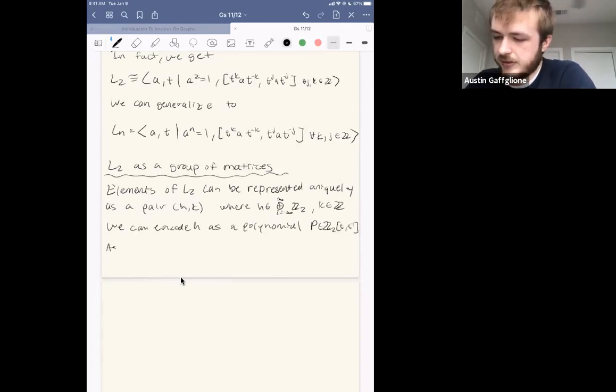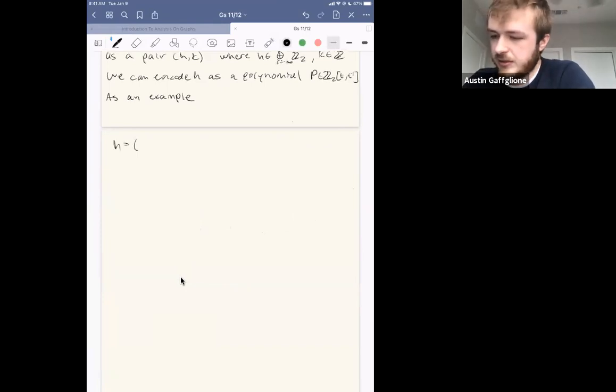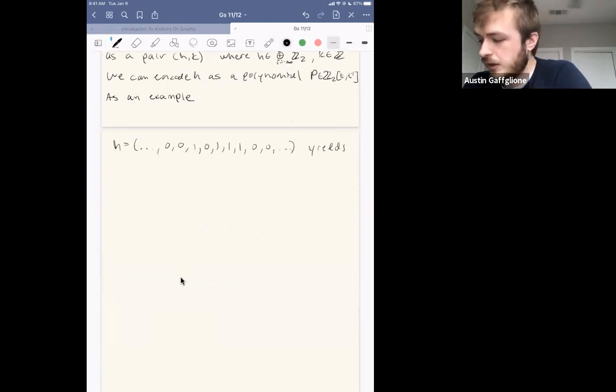So as an example, suppose that H is equal to this bi-infinite ordered pair. So 0, 0, 1, 0, 1, 1, 1, and then trailing zeros. This is going to correspond to a polynomial of the form P is equal to T to the -2 plus 1 plus T squared.